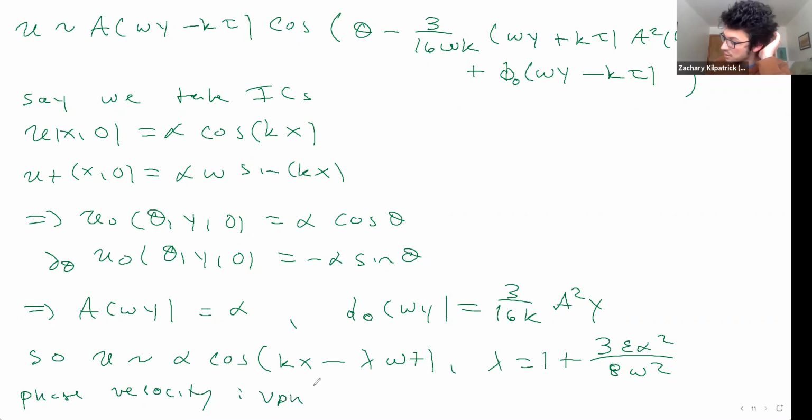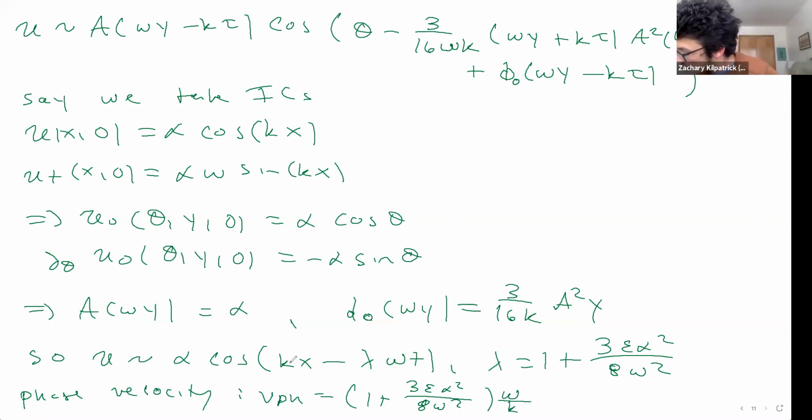So your phase velocity, V_ph, is equal to 1 plus 3εα squared over 8ω squared, times ω over k. If we were to factor out a k here, then we would have basically an x minus vt term.